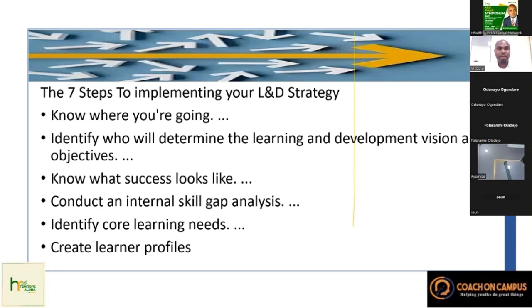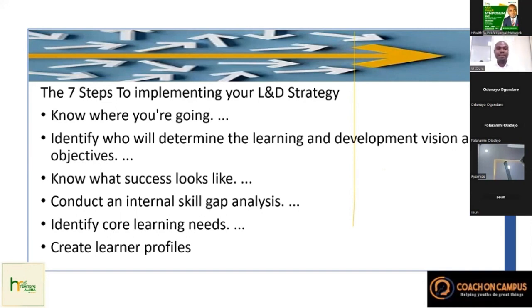This is where the various line managers and plant heads have their inputs, because you must have their buy-in. You must also understand what success looks like. You must have a clear vision of all of these, and what success looks like must be clearly spelled out and stated.